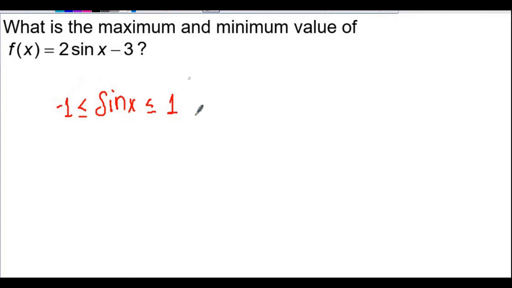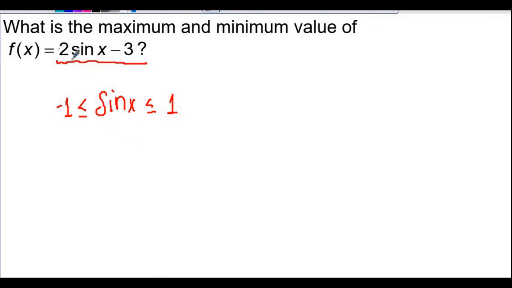You should remember this. We have learned this before. Sine of any value is always between negative 1 and 1, and may also be equal to negative 1 and 1.